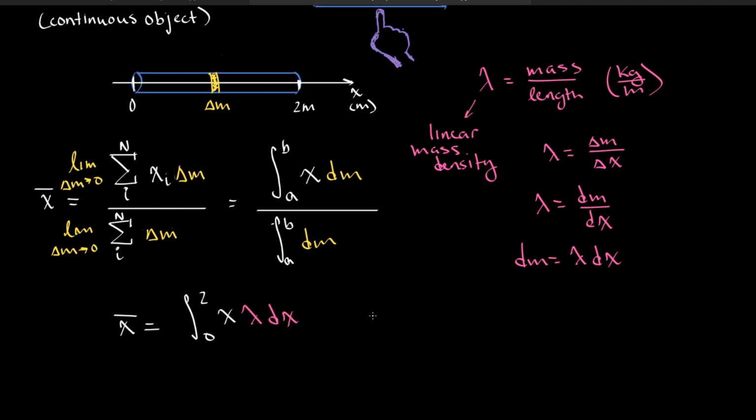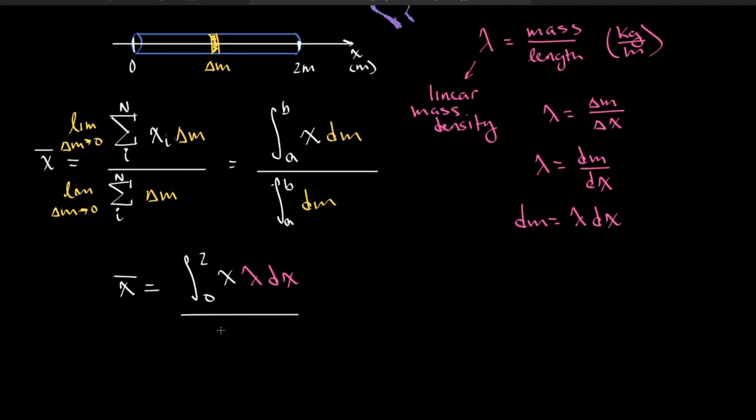All right? And now we're going to be dividing by this definite integral from 0 to 2 of dm, which we said was lambda dx. And again, this integral in the denominator is just the total mass of our rod. That's all it's saying.